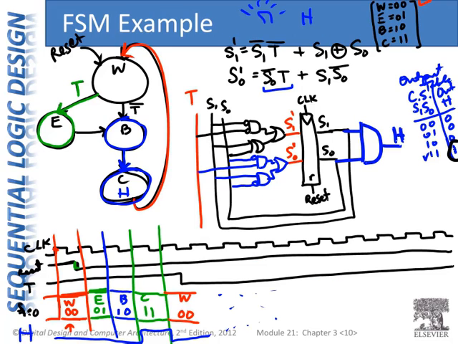So we have our state register, our next state logic that determines from the state bits and the inputs what the next state bits should be. And we have our output logic that determines, given just the current state, what the output should be.